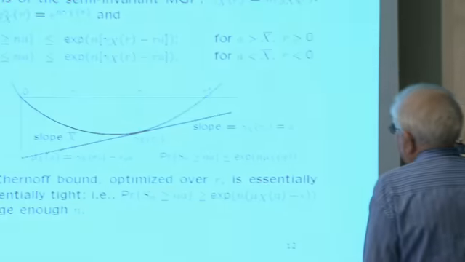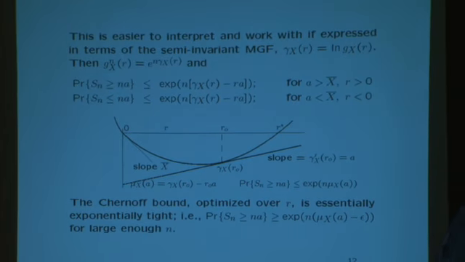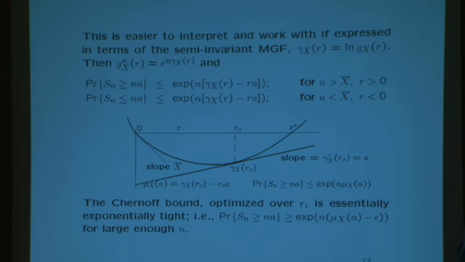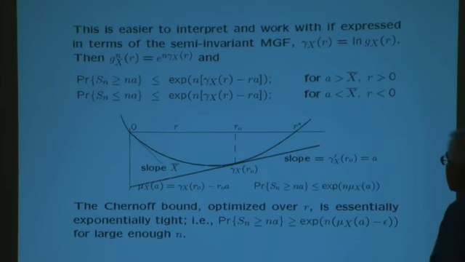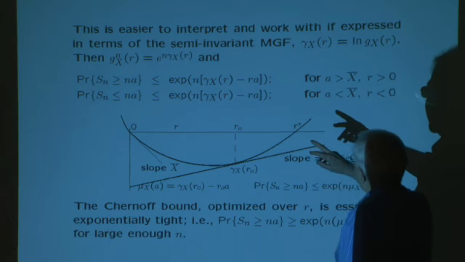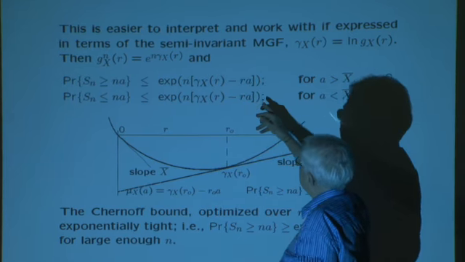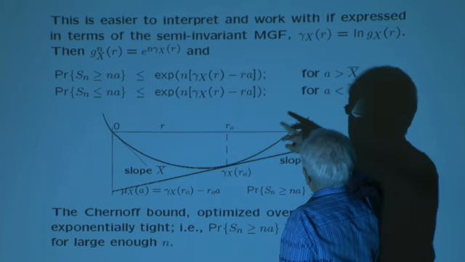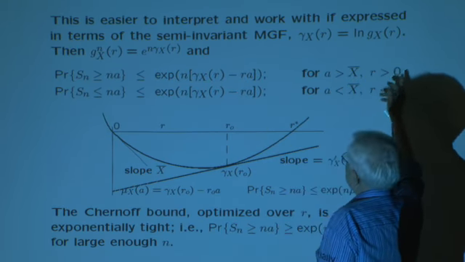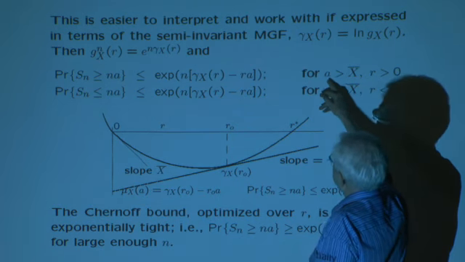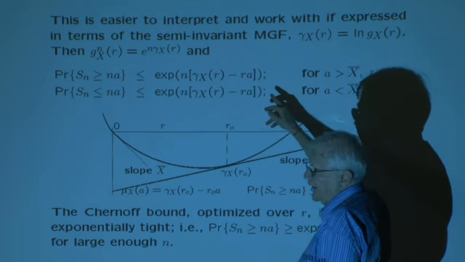Okay, so how do we derive all this stuff? What we're trying to do is find, I mean, this inequality here is true for all r greater than 0, so long as a is greater than the mean of x.